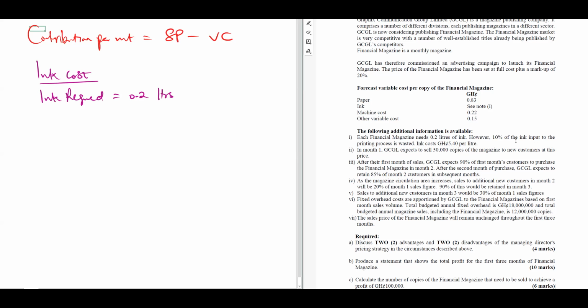However, 10% of the ink input is wasted. They are telling us that there's always wastage of 10%. My question is, if you go and buy and then there's a waste, is the supplier concerned about your waste?